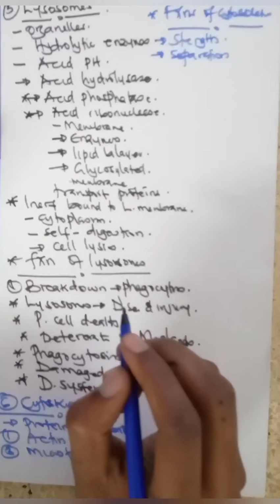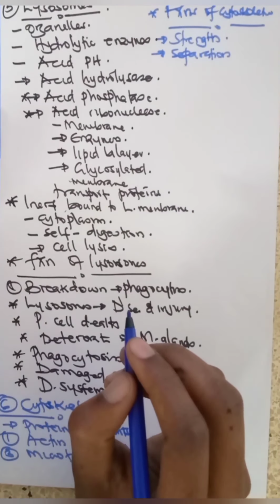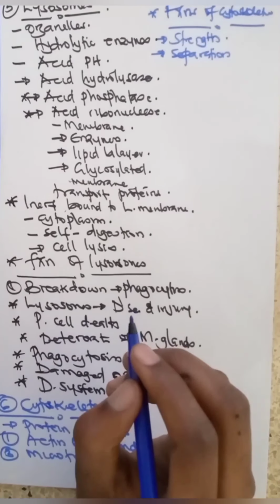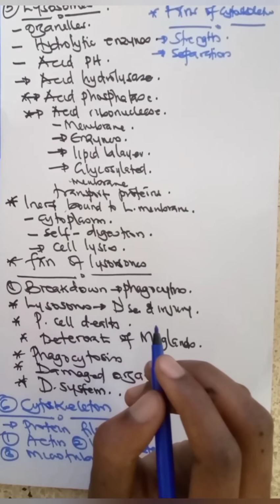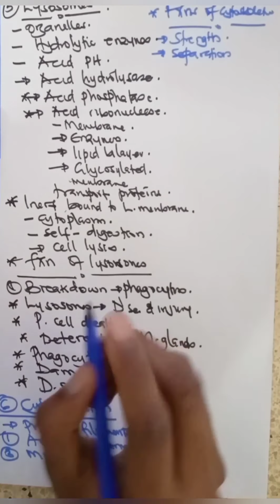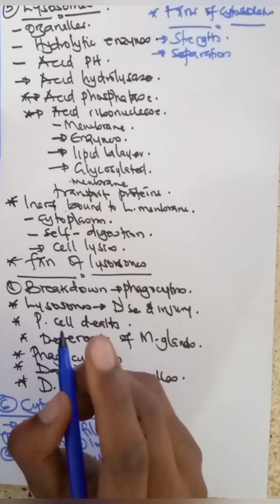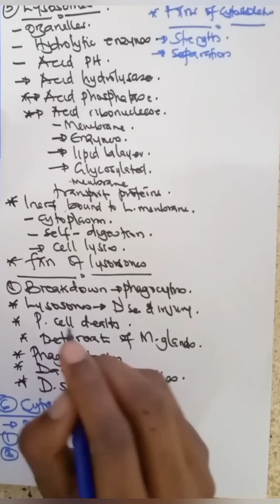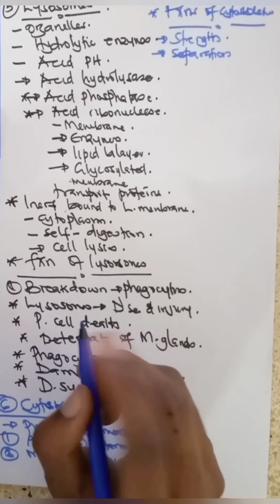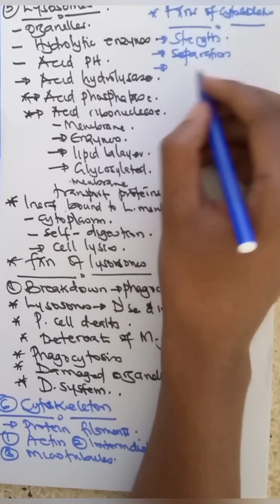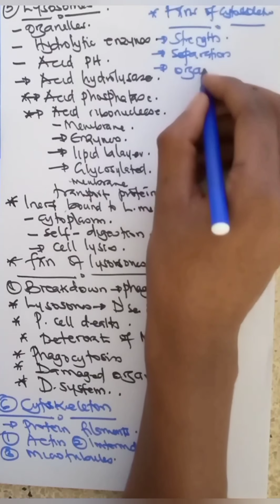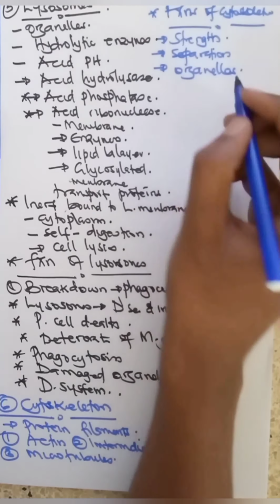As we will appreciate in the cell cycle how the cell divides to form daughter cells, the cytoskeleton is involved in chromosomal separation in mitosis and meiosis. It is also very important in intracellular transport of organelles.